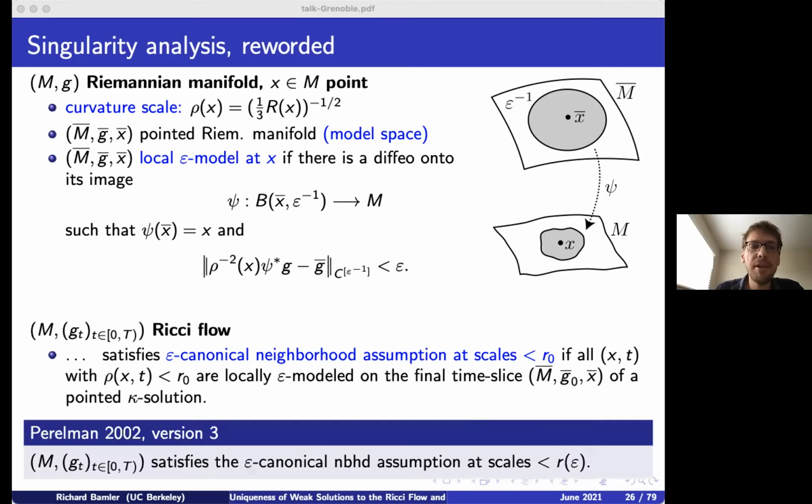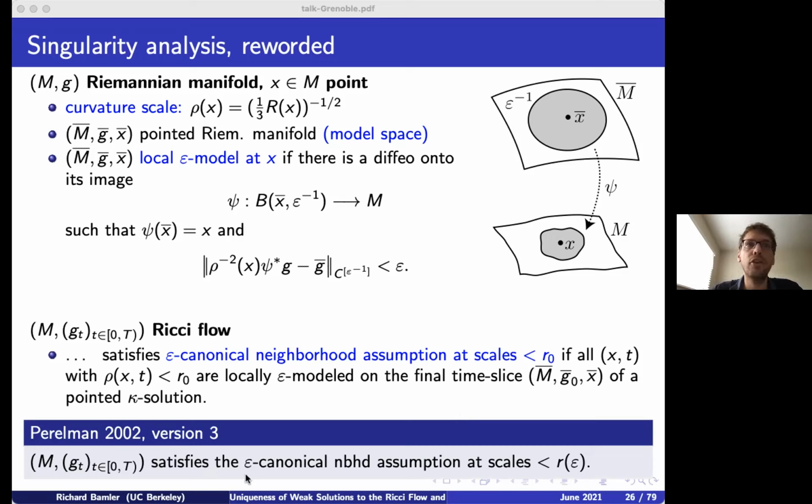Okay, so now let me restate Perelman's result one last time. Essentially, Perelman's result states that every three-dimensional Ricci flow satisfies the epsilon canonical neighborhood assumption at some small scales below some scale R, which may depend on epsilon. Right?